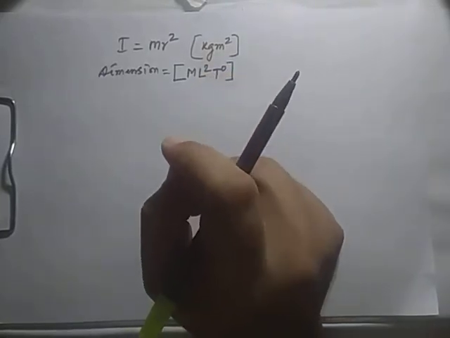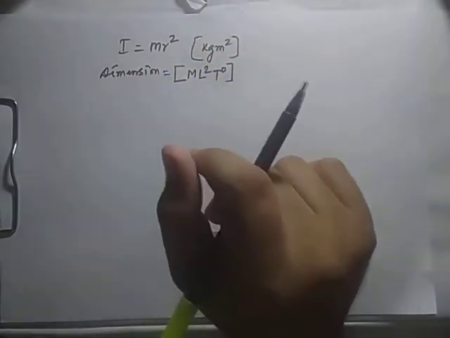Some factors on which the moment of inertia depends are the distribution of the mass of the body about the axis of rotation. If you think about the wheel of a cycle, you can see the spokes, but most of the mass is concentrated on the rim. That will give a different type of moment of inertia.